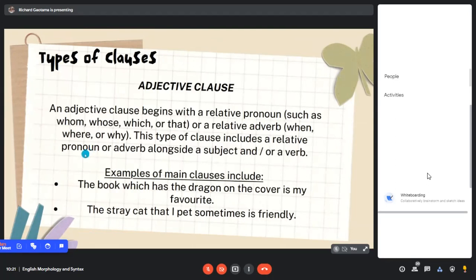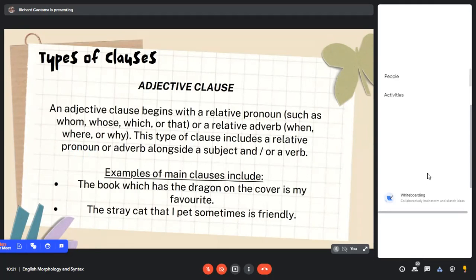Okay, so the next is adjective clauses. An adjective clause begins with a relative pronoun such as whom, whose, which, or that, or a relative adverb like when, where, or why. This type of clause includes a relative pronoun or adverb alongside a subject and a verb.